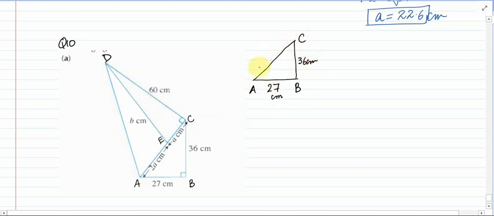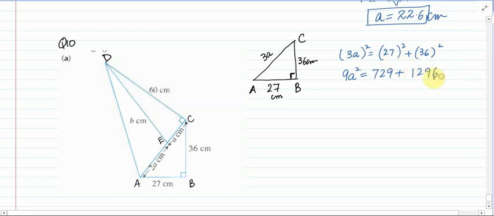The length of AC is 2A plus A, so it will be 3A. Now there is one unknown, that is A, and we can find it easily by using Pythagoras theorem. So hypotenuse square is equal to opposite square plus adjacent square. 3A square will be 9A square. 27 square is 729 plus 36 square, which is 1296.